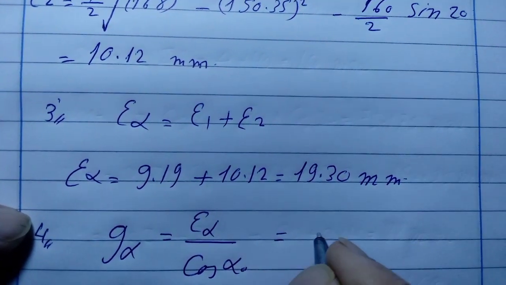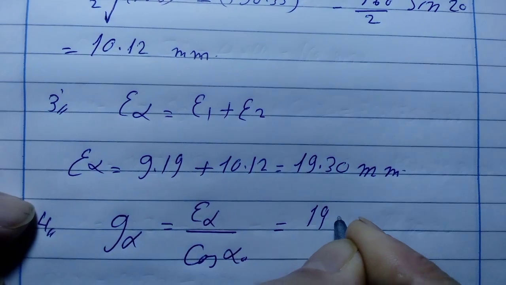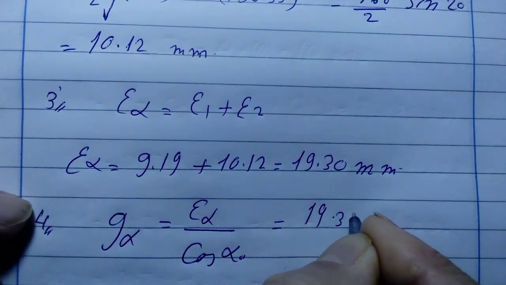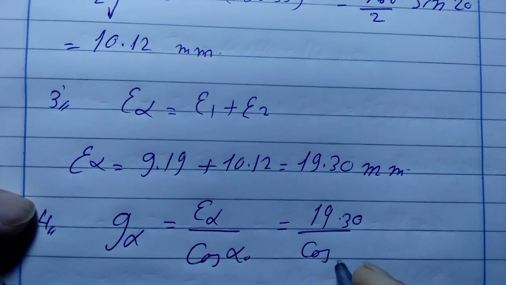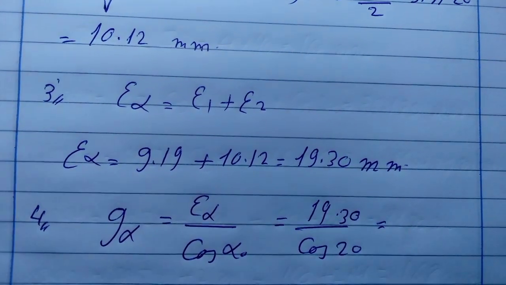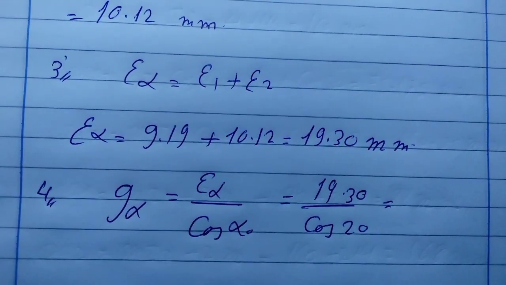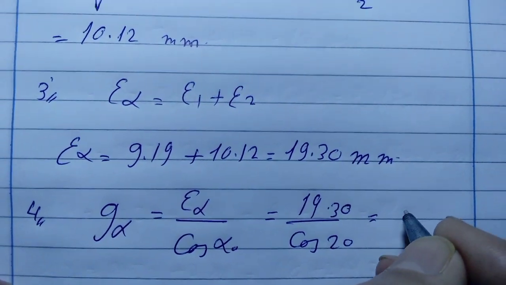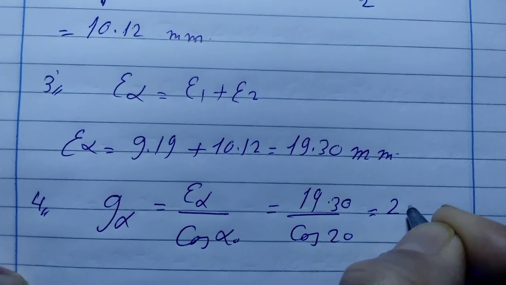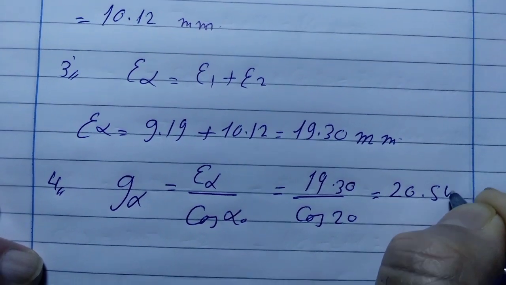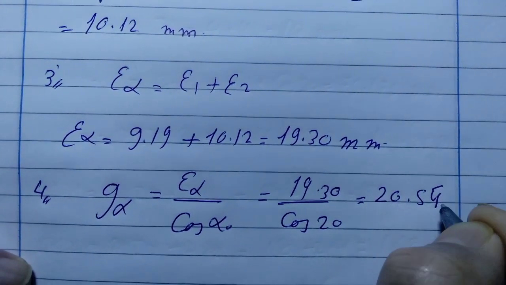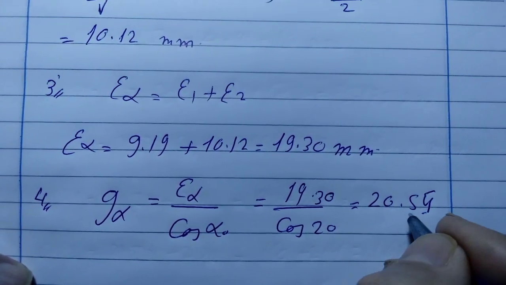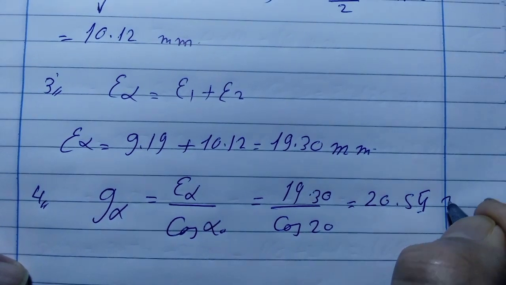So it will be 19.30 divided by cosine 20. It will be 20.54, okay, 20.55 millimeter.